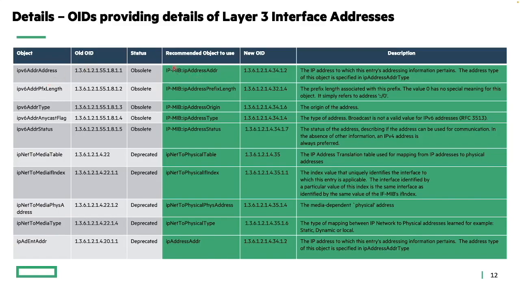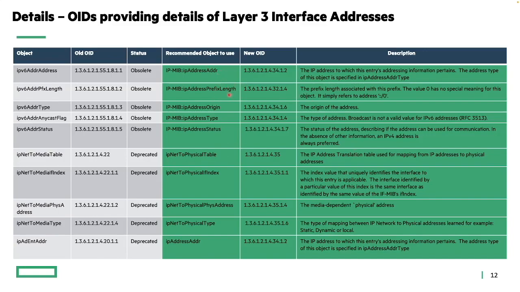These are the main IP-MIB folder, and these IP address entries are the OIDs. I don't want to read through them, but this is for your reference. These are their own new OIDs and descriptions explaining what each does, right?